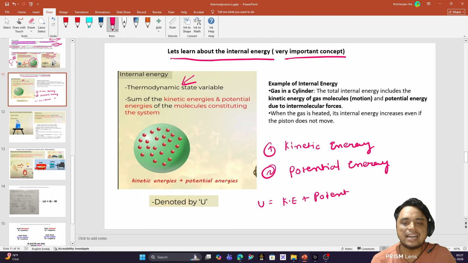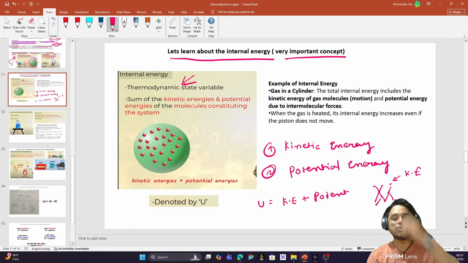So what is the kinetic energy of a molecule? These molecules have random atoms, and they just jiggle around each other, right? So they jiggle a lot. That jiggling is called kinetic energy, while the bond between those atoms or molecules is called potential energy.